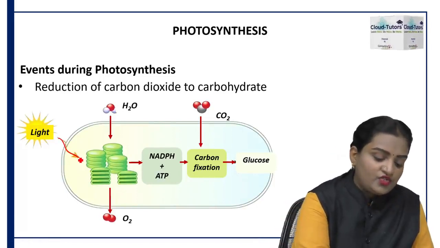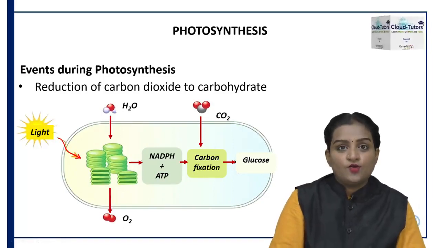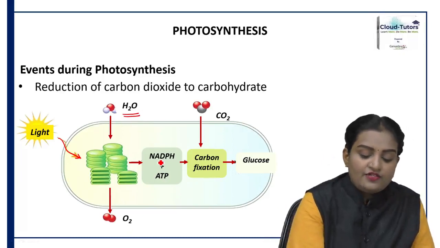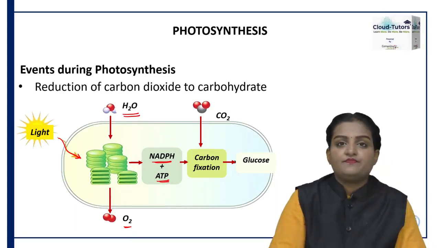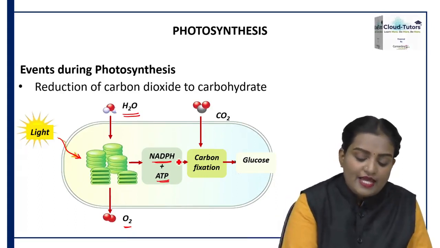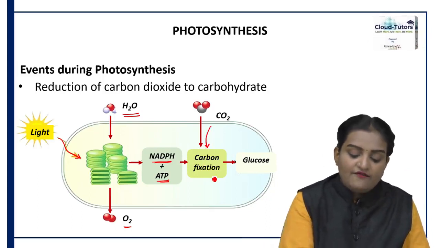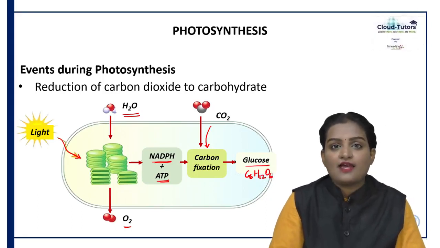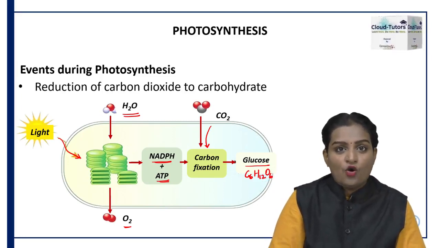Light energy is captured by the chlorophyll pigment, and it takes up water and produces NADPH, ATP and oxygen. This NADPH and ATP will be utilized in carbon dioxide fixation, wherein we'll be producing one glucose molecule. All these reactions are happening inside the chloroplast cell organelle.